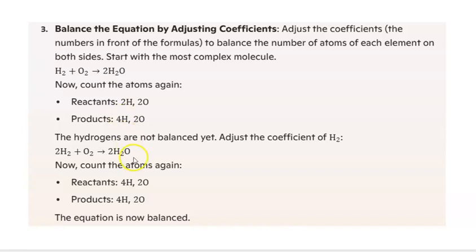We can add a 2 in front of the hydrogen, and now we have 4 hydrogen in the reactants, 2 oxygen in the reactants, 4 hydrogen in the products. 2 times 2 is 4, and 2 times 1 is 2 oxygen. And as you can see, the number of atoms in the reactants and the products is the same, and we say that the equation is now balanced.